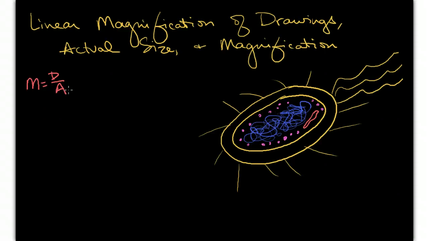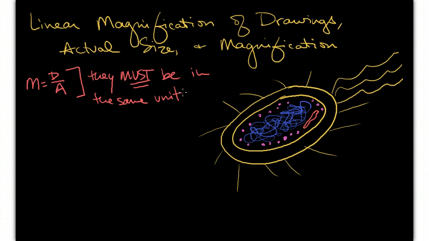An important note is that for the D and the A, the drawn size and the actual size, they absolutely must be in the same unit. Otherwise the division doesn't work and the units don't cancel out.